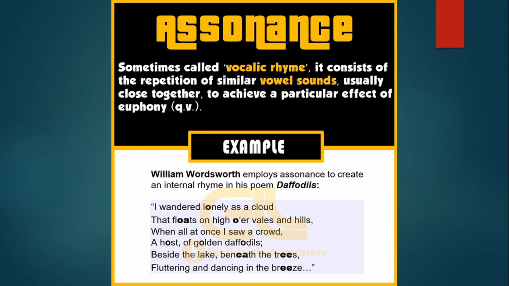So Cuddon defines assonance, sometimes called vocalic rhyme, as the repetition of similar vowel sounds, usually close together, to achieve a particular effect of euphony. So you might have understood euphony. Eu means same and phone means sound. So, what is the function of assonance? That it gives us a same sound.